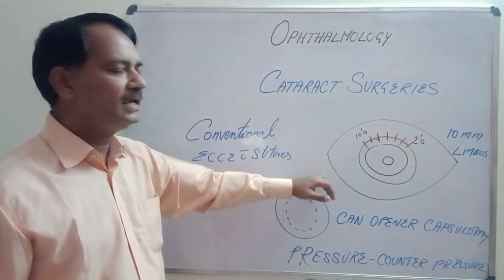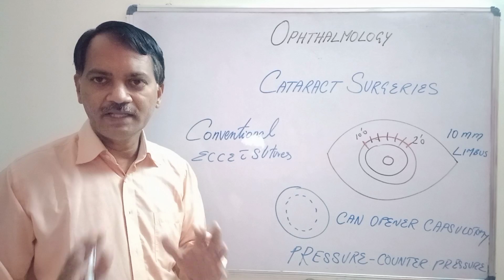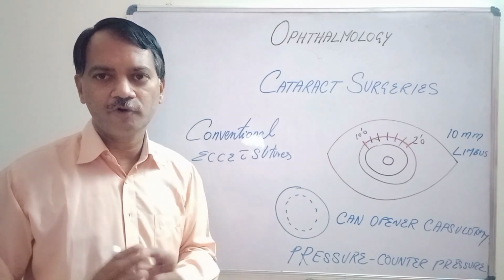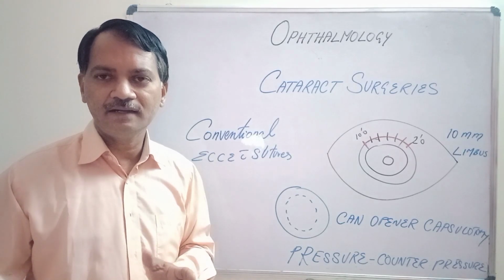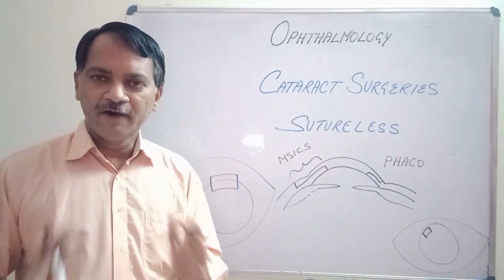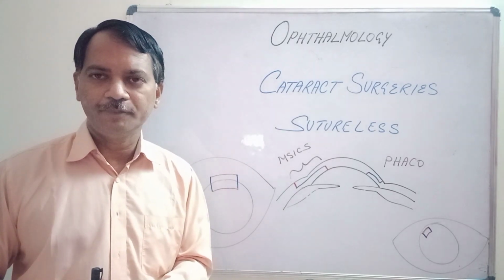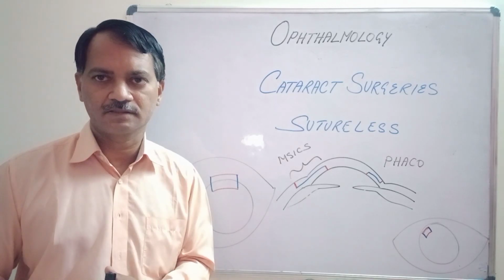The surgery is as such very cheap. It is not very costly. It is very cheap for the patient, but the recovery period is longer and post-operative astigmatism is there. Nowadays, the most common type of cataract surgeries done are sutureless cataract surgeries.